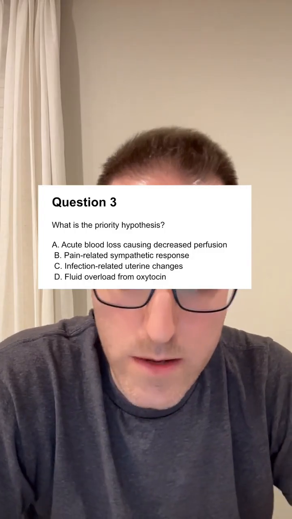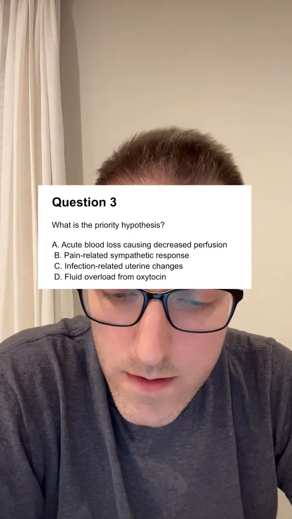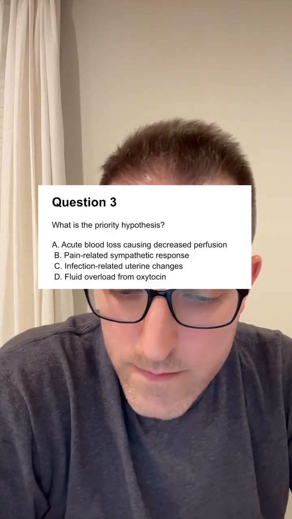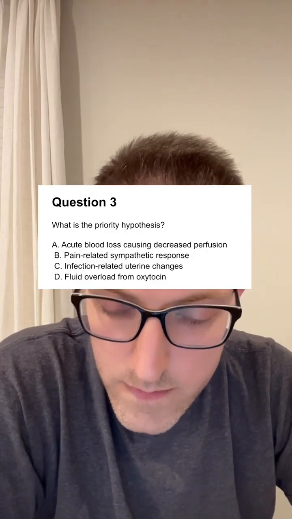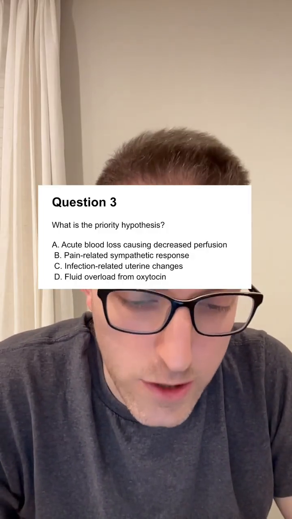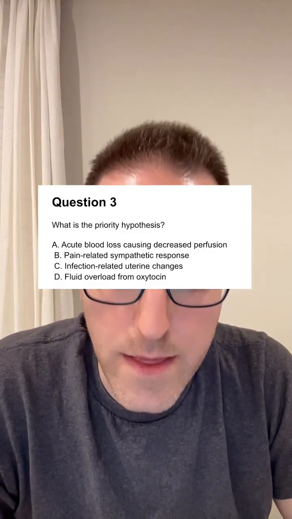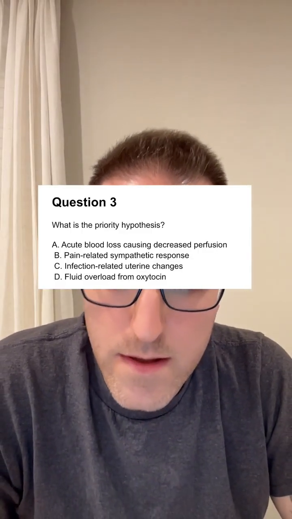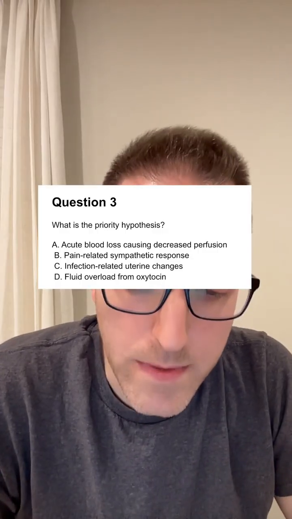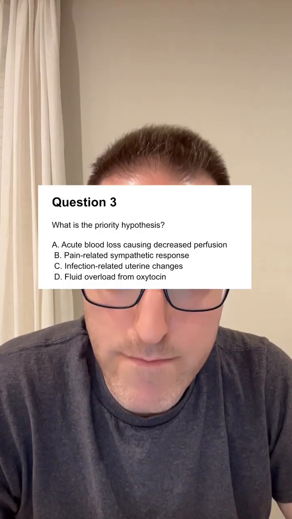So yes, A, we're talking about acute blood loss causing decreased perfusion. I'll tell students to ask which explanation, if you ignore it, kills the patient the fastest. That's your priority hypothesis. Blood loss beats pain, infection, and theory every single time.